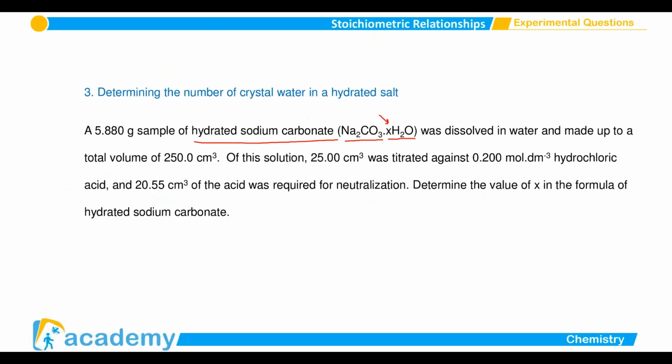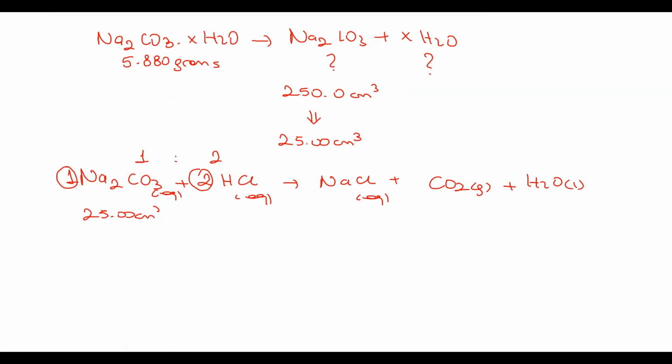So what do we know from the question? We have 0.2 molar hydrochloric acid and 20.55 cm³ is required for neutralization. So you know the concentration of hydrochloric acid, which is 0.2 molar, and you know the volume, which is 20.55 cm³. So we can calculate the number of moles of hydrochloric acid by multiplying these two values, but we need to be careful about the unit of the volume.